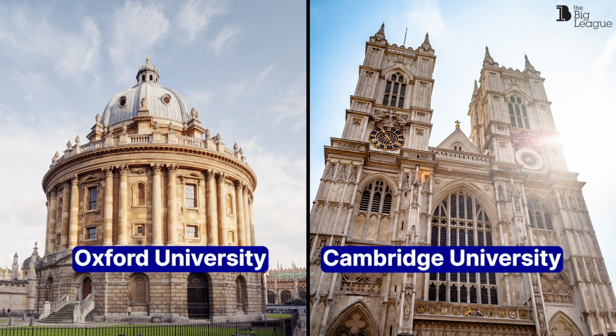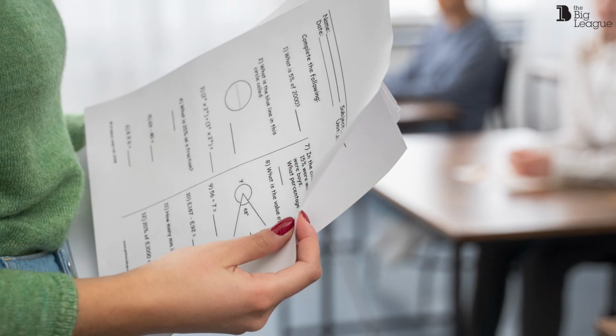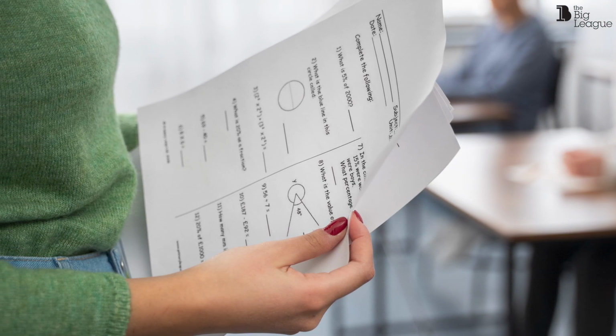For example, some of the Oxford and Cambridge programs require tests like HAT, HAA or TSA. So it is very important, once you have shortlisted your program and your university, to go through the program page in detail and understand which examination or test is required by your university.